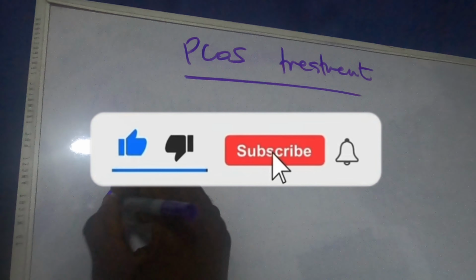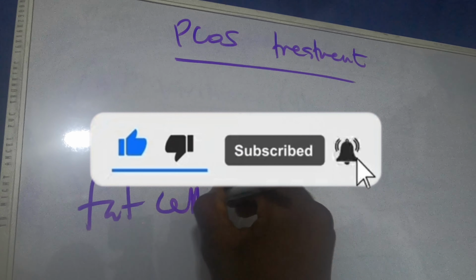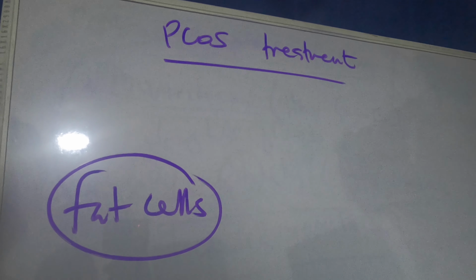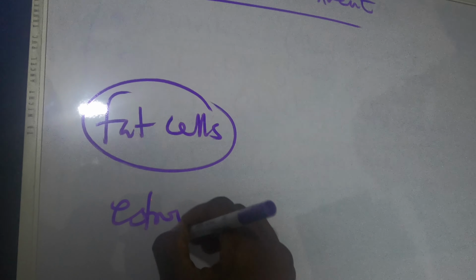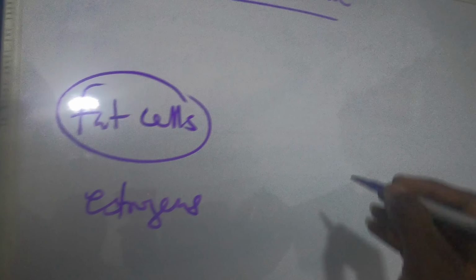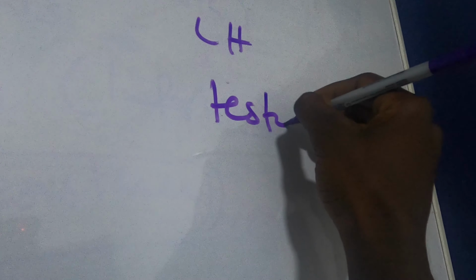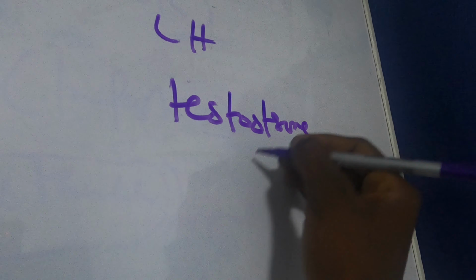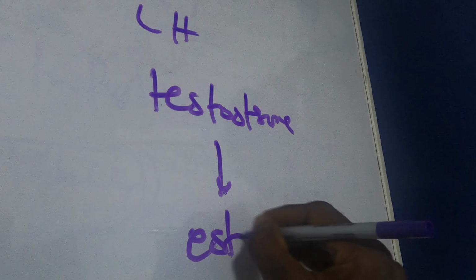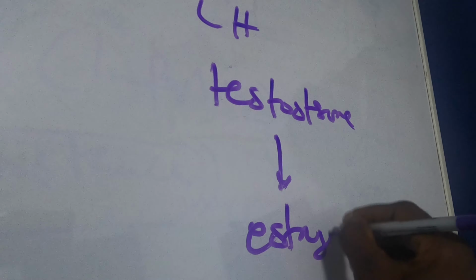So we made mention in my PCOS video that there are certain fat cells that will produce estrogens, and then we looked at the luteinizing hormone, one of its roles being conversion of testosterone to estrogens. And we said that this reaction produces less than 1% of estrogens.